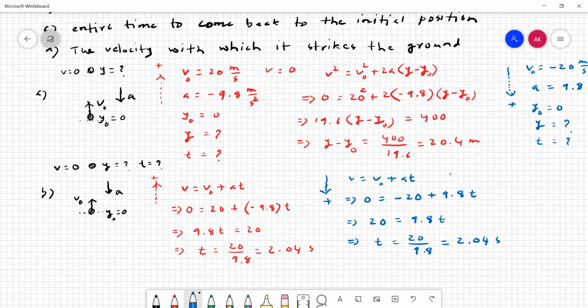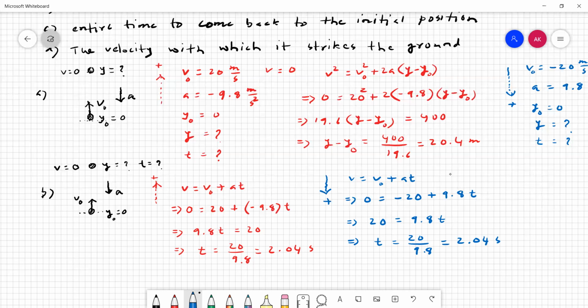But whenever you try to find displacement or velocity or maybe acceleration, then if you use the upward direction and the downward direction as two different coordinate axes, you must get the same number but with a different sign, because displacement and velocity are vector quantities. So if you choose the upward direction to be positive and you get a displacement in the upward direction, you should get a positive number.